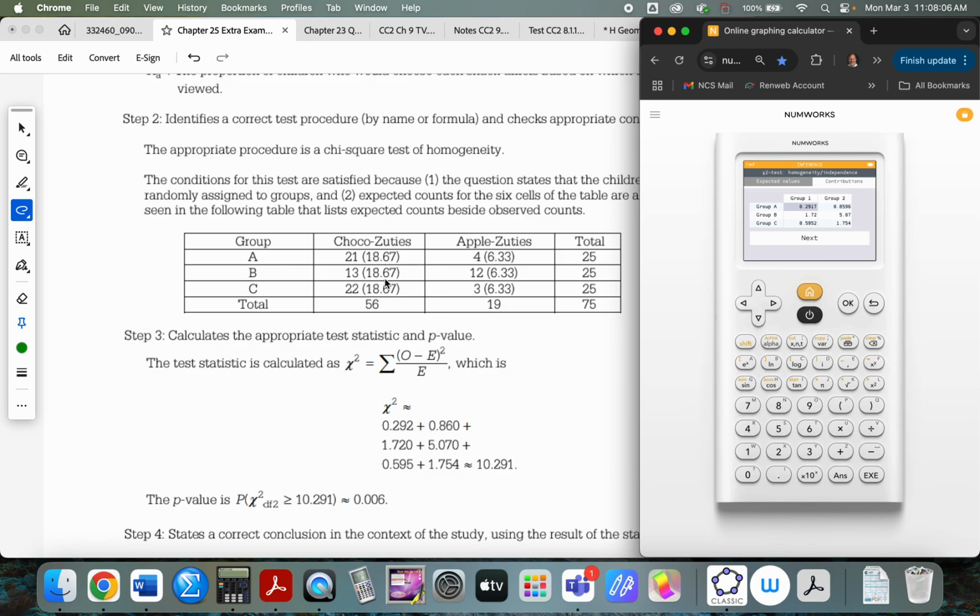For the ones who watched the Apple Zooties ad, way more than expected chose Apple Zooties, and fewer chose the Choco Zooties. So the Apple Zooties ad was quite effective, because more chose it.